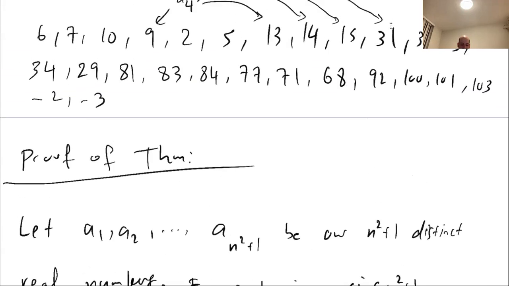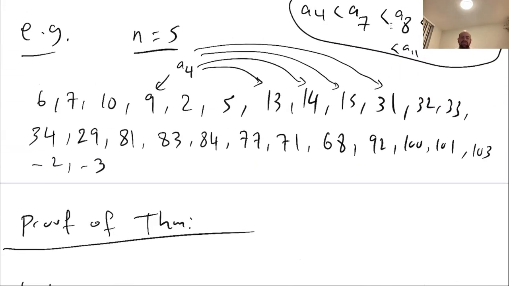See, for each ai, I can find the length of the longest increasing or decreasing subsequence starting from that element. So let me show you in this example. For example, look at this element 68. What is the index of this 68? Is it the first element of the sequence or second or what? So the first element starts from 6. So 3, 6, 9, 12, and then 15, 18, 20. So this is A20.